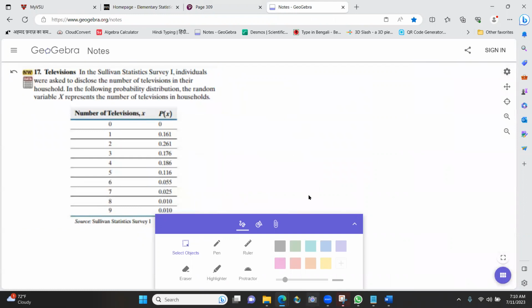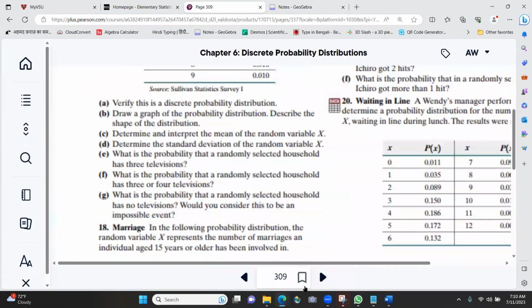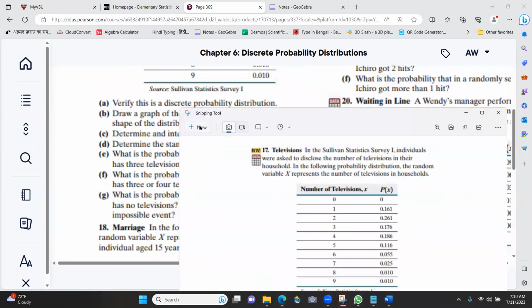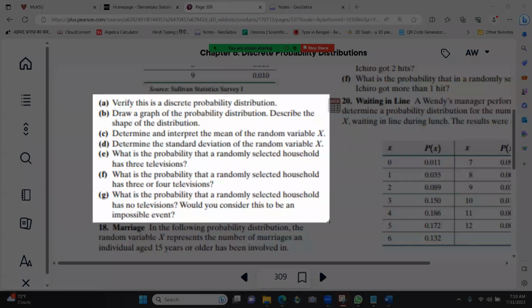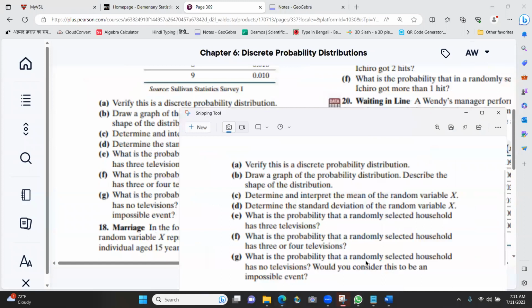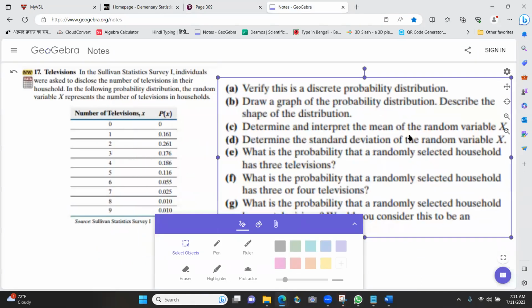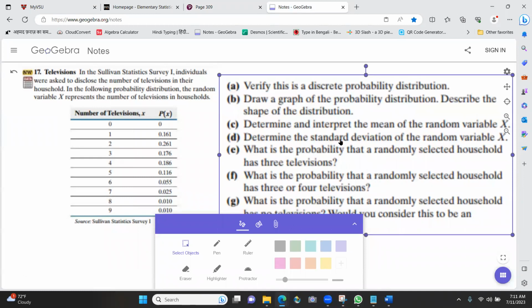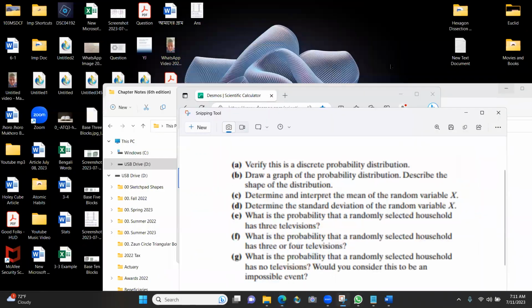This is the question, and let's see what they want us to do. They want us to do these things. Okay, so let me carefully enter the data first. Give me one second.